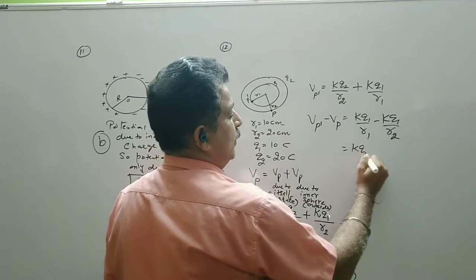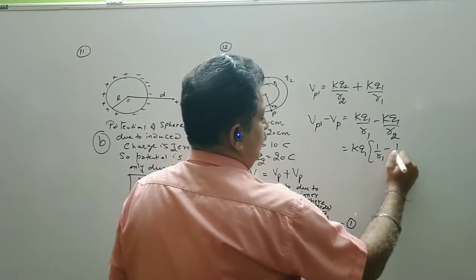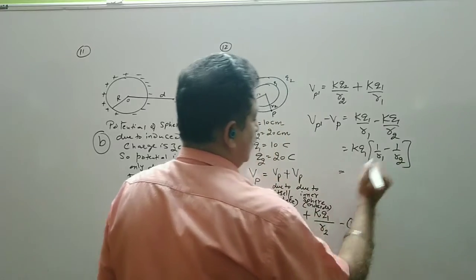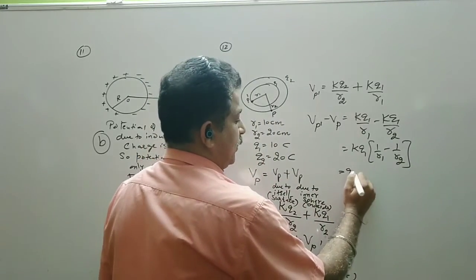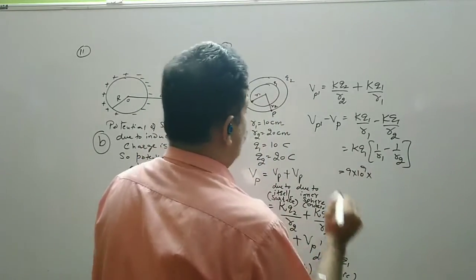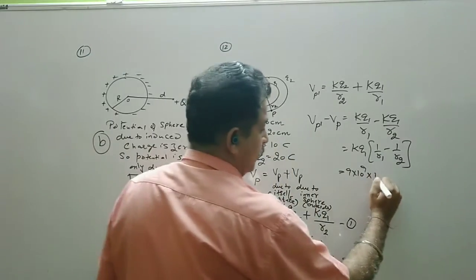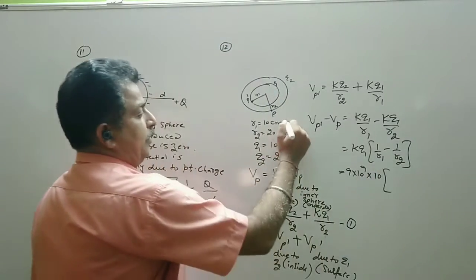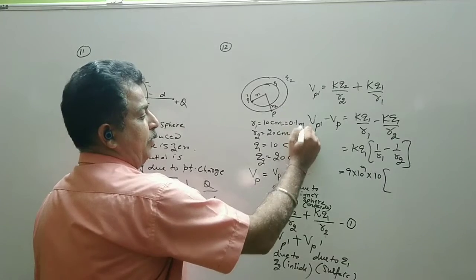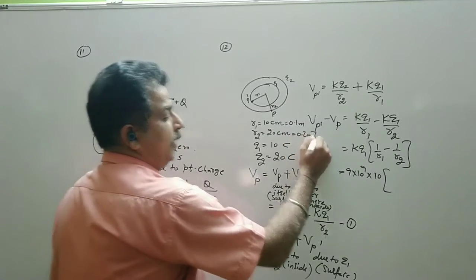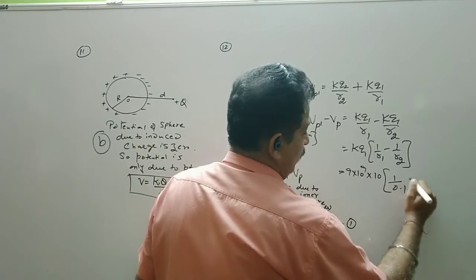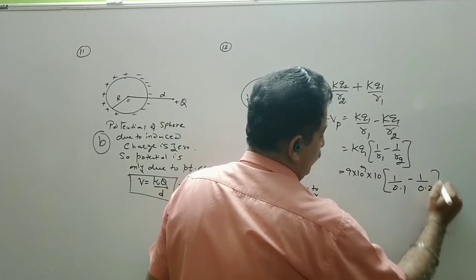KQ1 is common, so 1 upon R1 minus 1 upon R2. This is equal to K, that is 9 into 10 raised to 9, times Q1, that is 10 coulomb, times 1 upon R1, which is 0.1 meter, minus 1 upon R2, which is 0.2 meter.